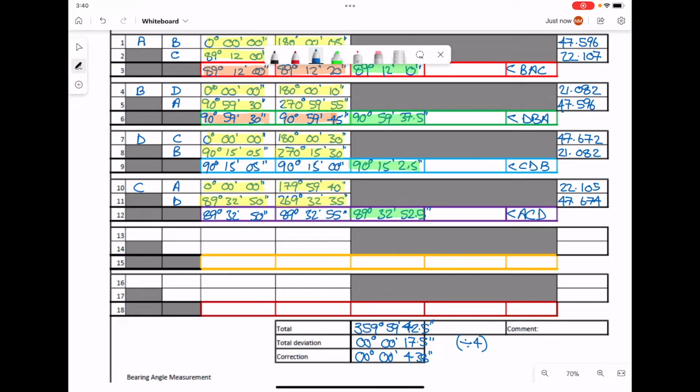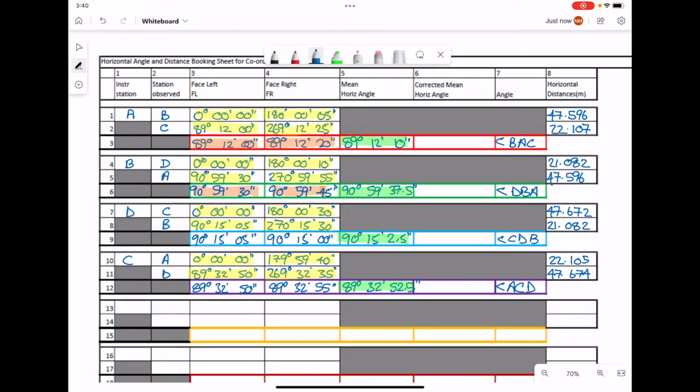This value for correction will be added to each of the 4 mean angles to give us our corrected mean horizontal angles. If the correction value is correct, then our 4 angles, once corrected, should add up to give us 360 degrees exactly.